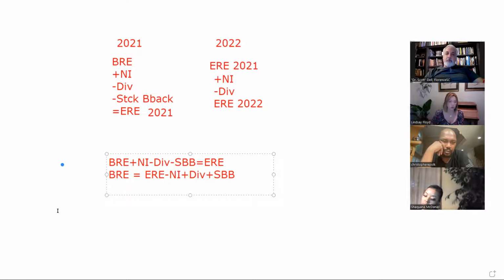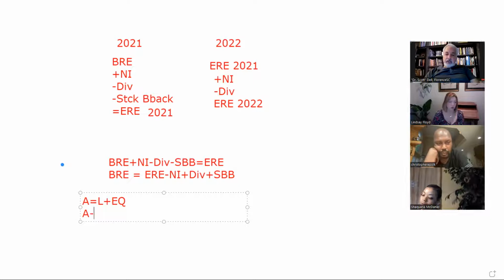The same way we were on a balance sheet, it's assets equals liabilities plus equity. And assets minus liabilities equals equity. Just the basic algebra, moving the equations around. Make sense?